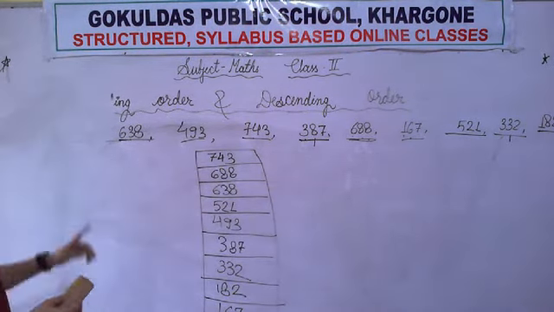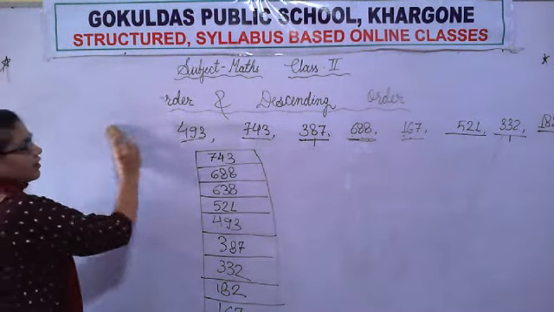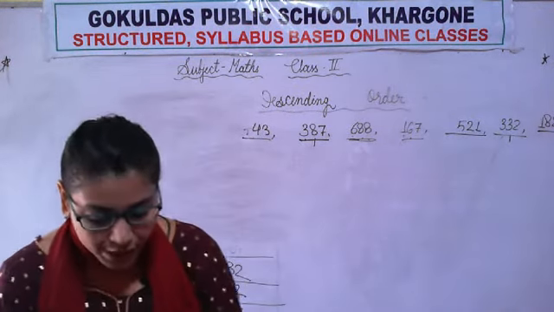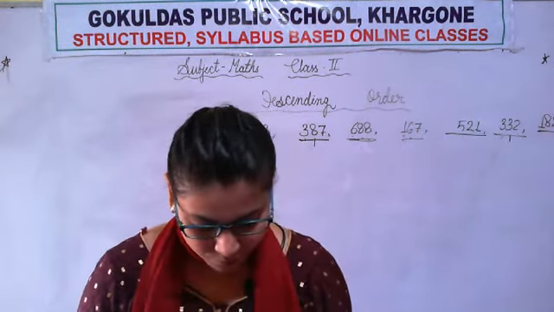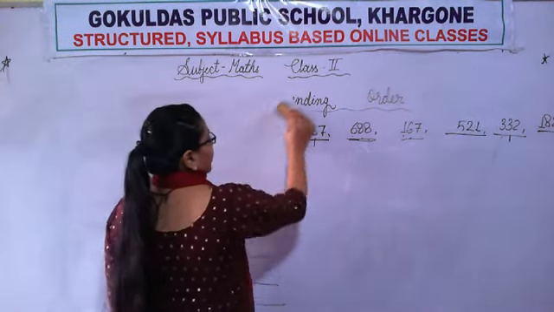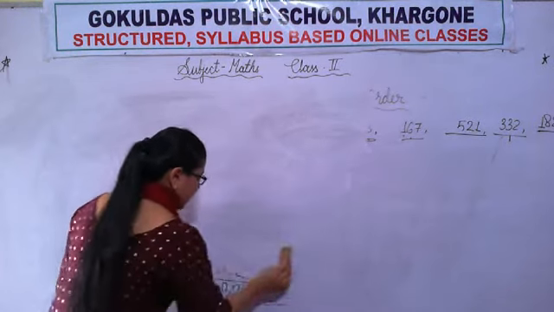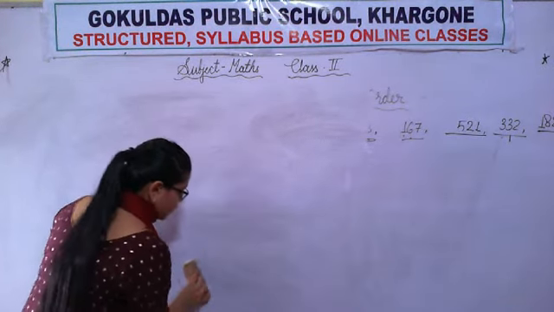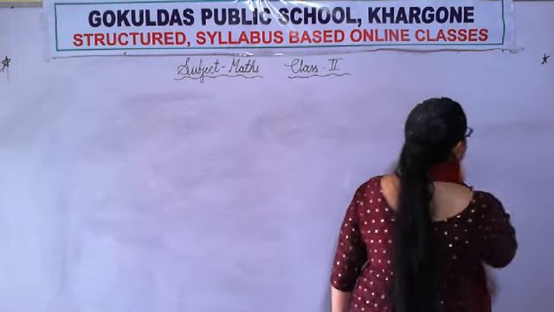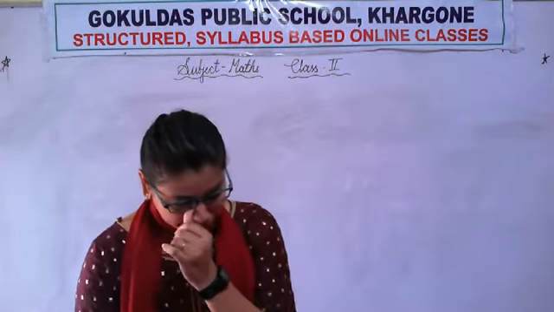This was on page number 23. This was descending. Now we will do the exercise. Exercise 1.3. This exercise is also based on the concept of ascending and descending order.